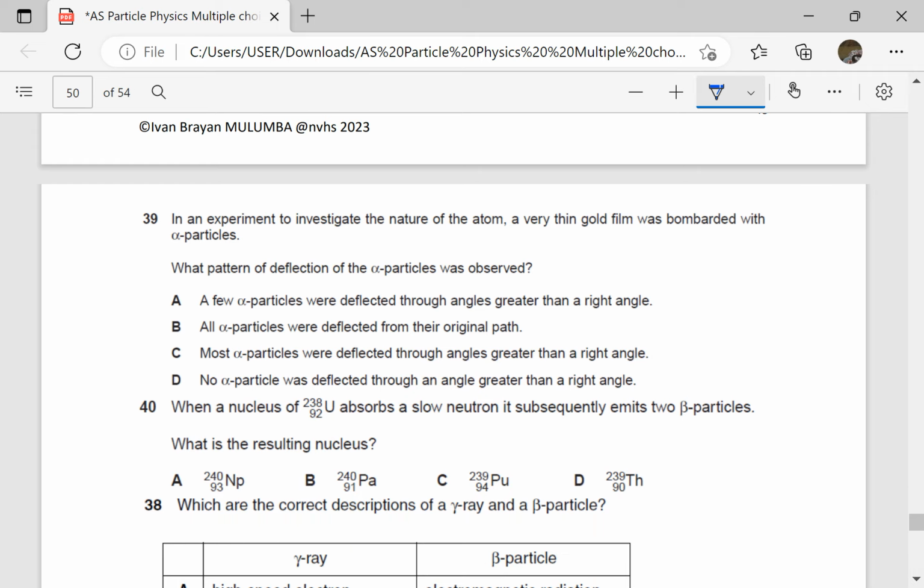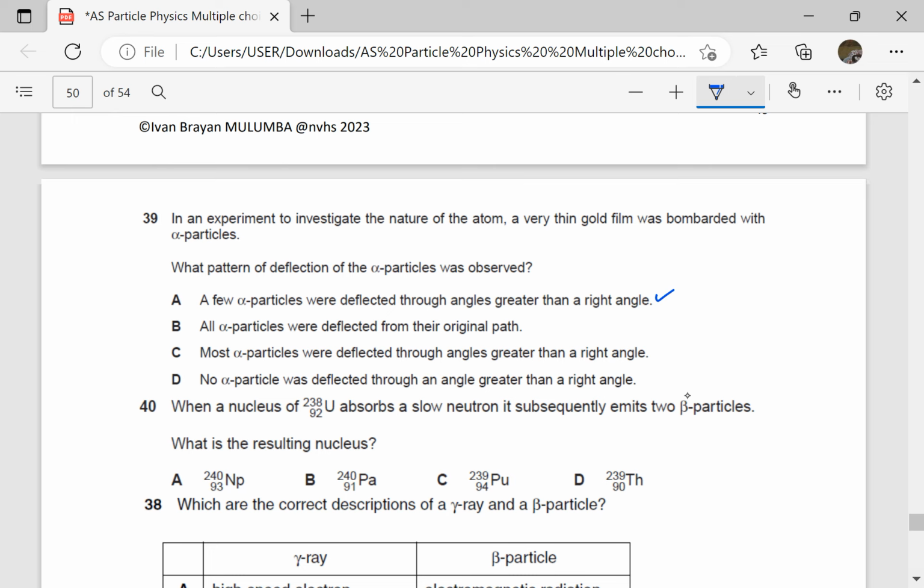In an experiment to investigate the nature of the atom, a very thin gold film was bombarded with alpha particles. What pattern of deflection of the alpha particles was observed? A few alpha particles were deflected through angles greater than a right angle. That was true.